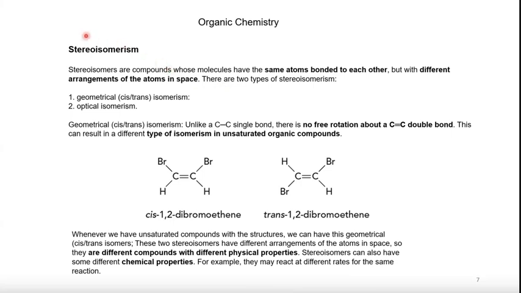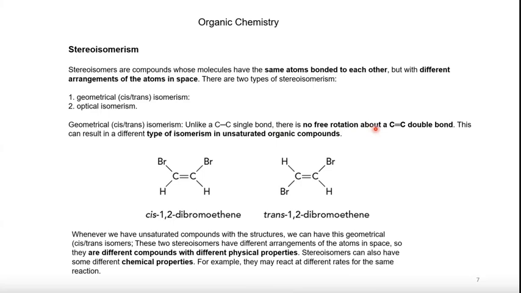And that is what stereoisomerism is. We have 2 types of stereoisomerism: one we call geometrical isomerism, another we call optical isomerism.